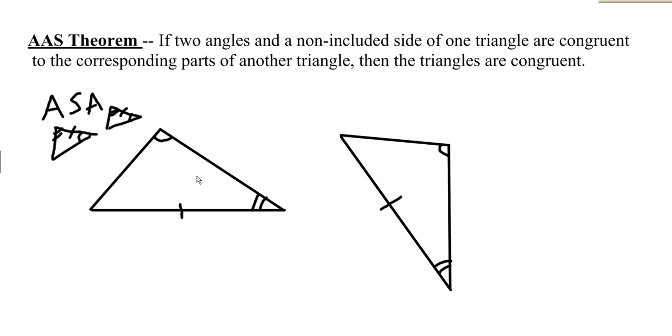But this is where we have the side not included between the two sets of congruent angles, and we say the angle-angle side theorem. Before, we could easily have proved that these were congruent by angle-side angle, because if two angles of one triangle are congruent to two angles of another, the third angles have to be congruent. So this saves us a step if we're doing a proof. And that's angle-angle side theorem.